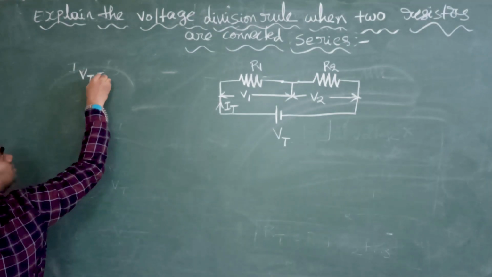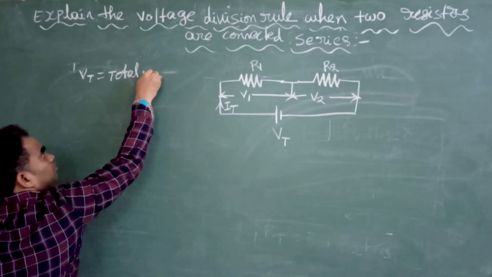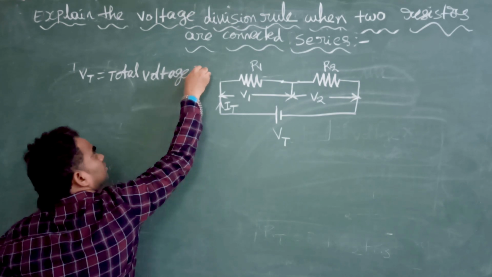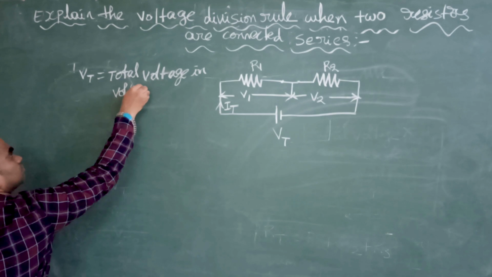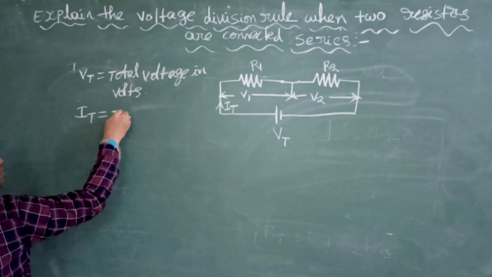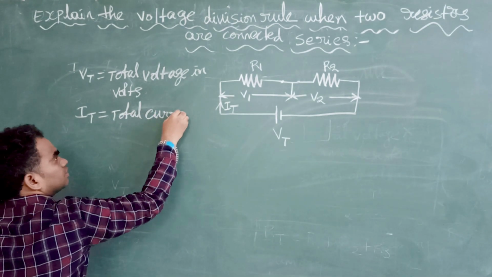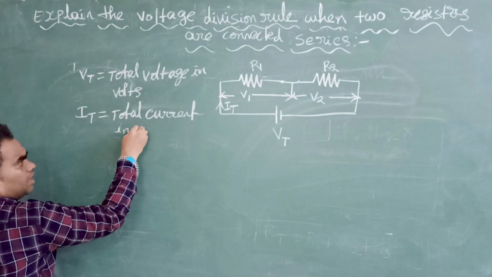Vt is equal to total voltage in volts. It is equal to total current in amperes.